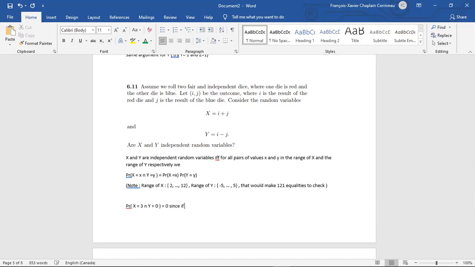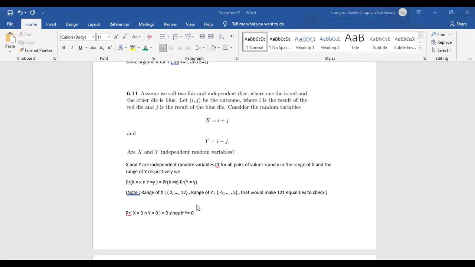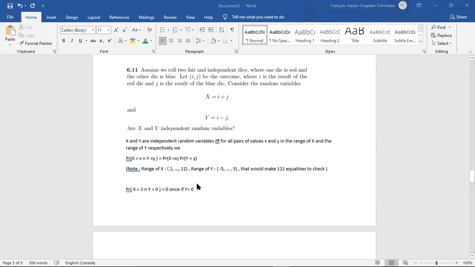Since Y is equal to 0, there are several ways to argue this. What I'm giving here is not the only way, but maybe the shortest way is to say the following. Since Y is equal to 0 implies that i is equal to j, X is equal to 2 times i, which is even.